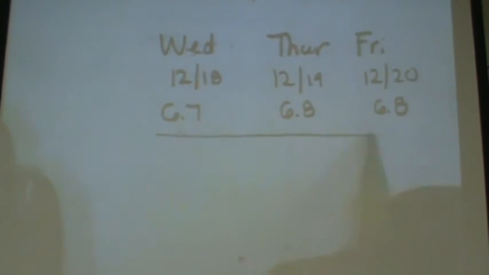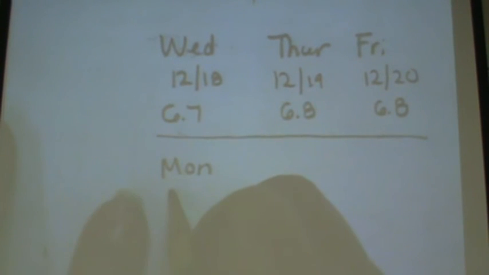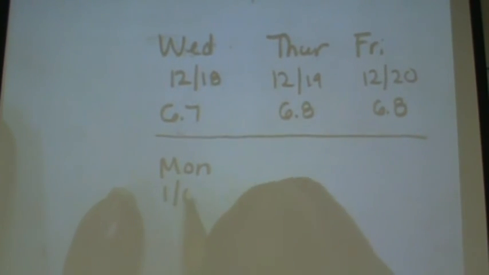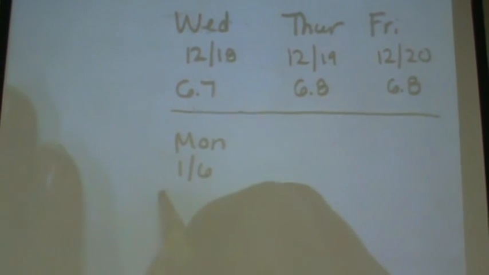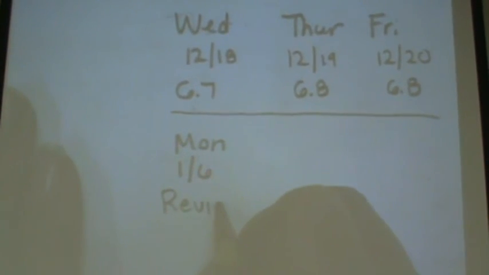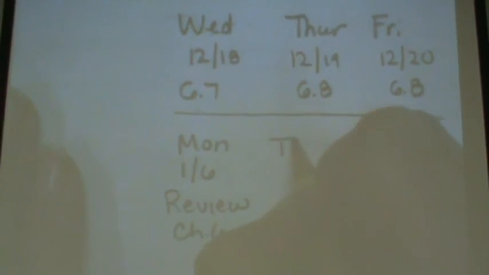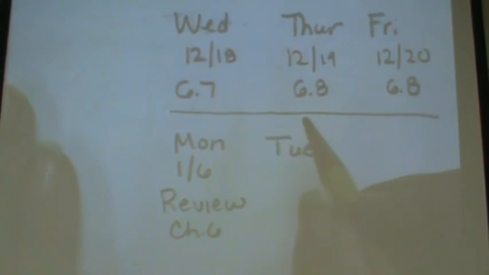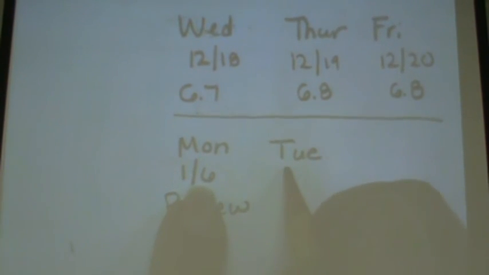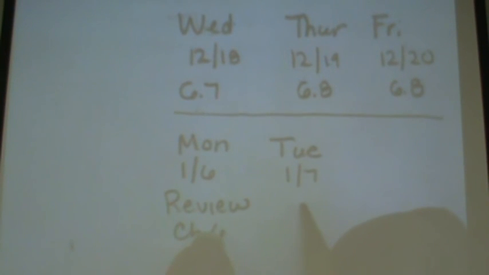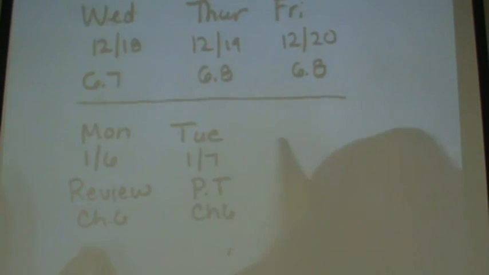Okay. Now, when you come back, on Monday, I think it's the 6th. It is. Monday, I'm going to do a review of chapter 6. Then Tuesday, we're gonna do a partner test on chapter 6.